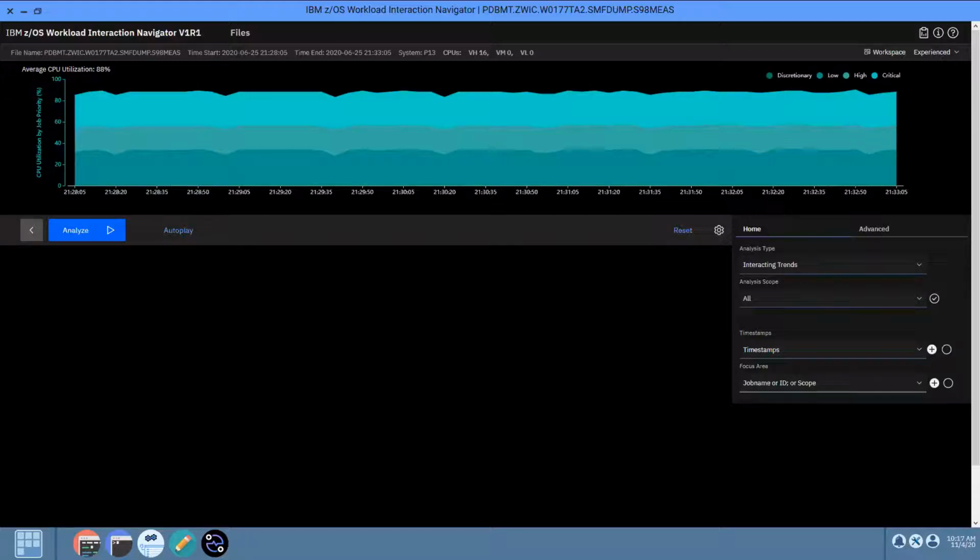One of those dimensions was job priority, where we had job priorities of critical, high, low, discretionary, and all. And those job priorities are based on WLM policy importance levels. There was another dimension for job size, and job size values were large, medium, small, tiny, and all, which were based on CPU use relative to the total workload CPU use.